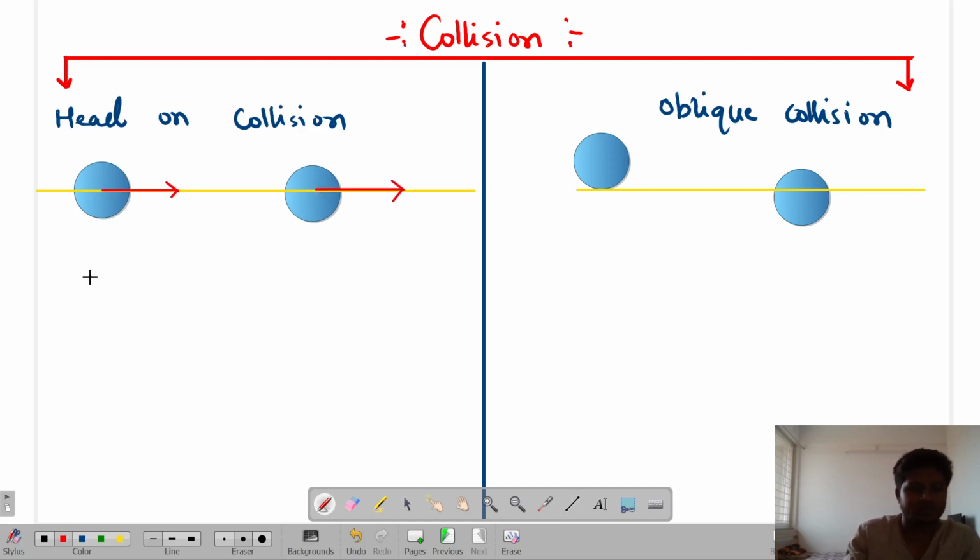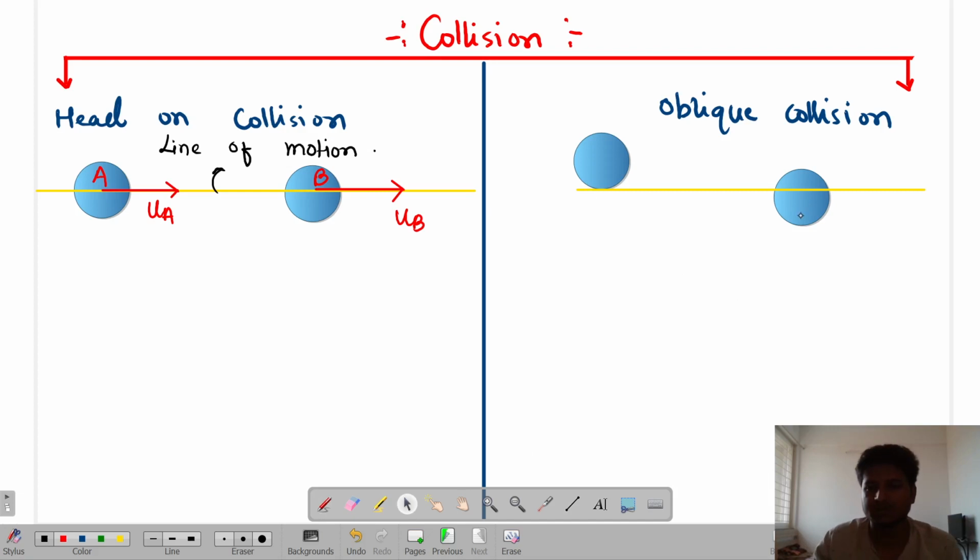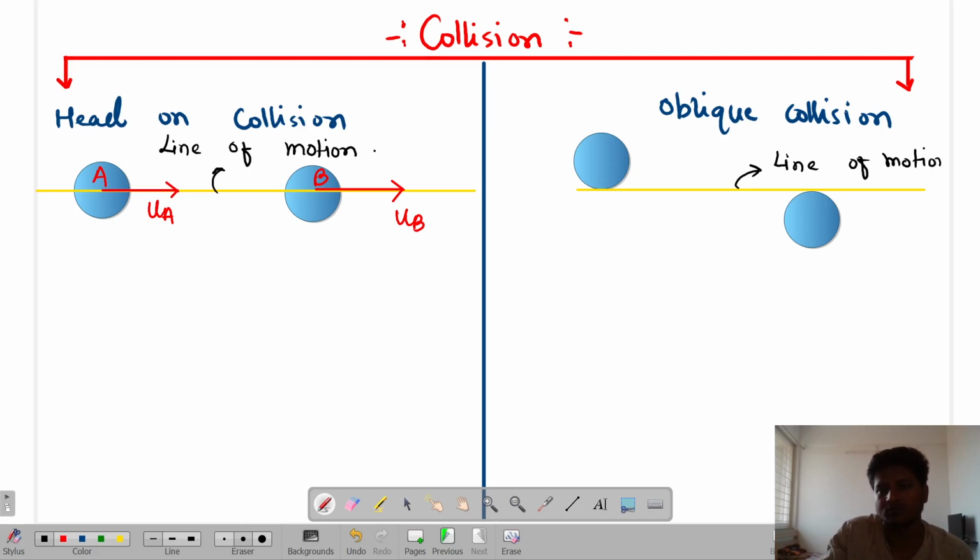Let's suppose this is body A and this is body B. This one is moving with U of A, and this is moving with U of B. We call this the line of motion. Similarly, for these two bodies, this is their line of motion only, isn't it? Are you able to get me?